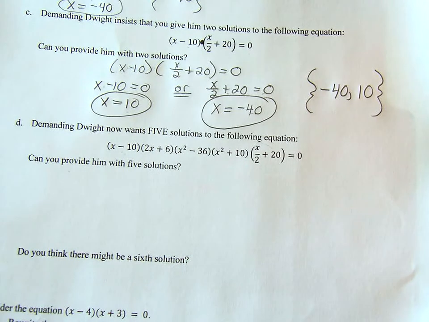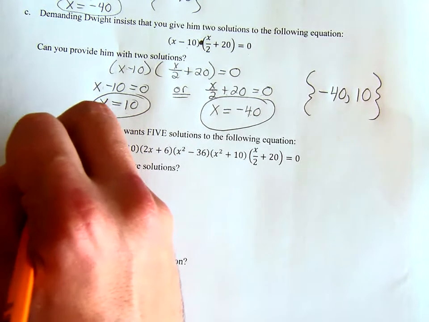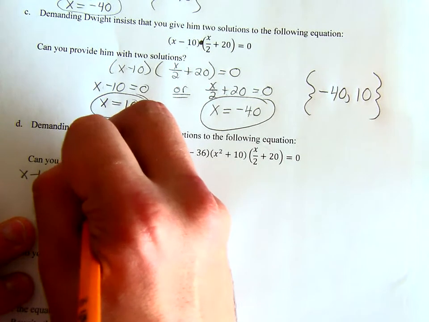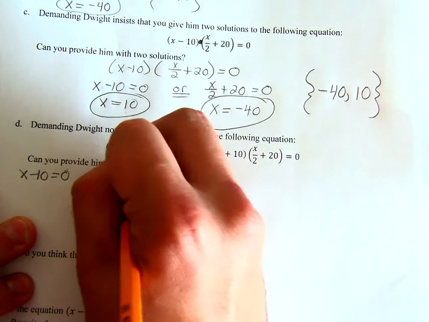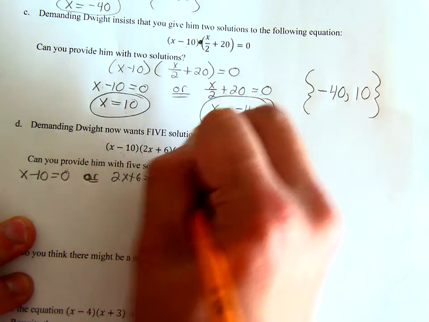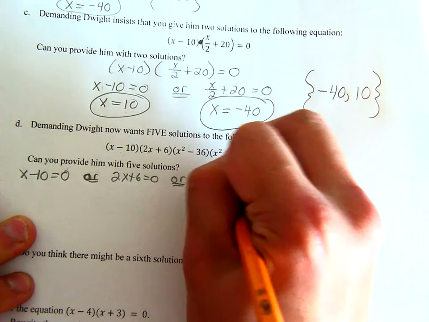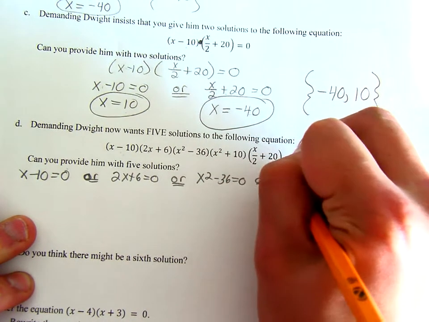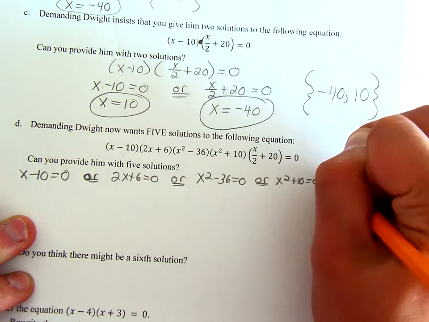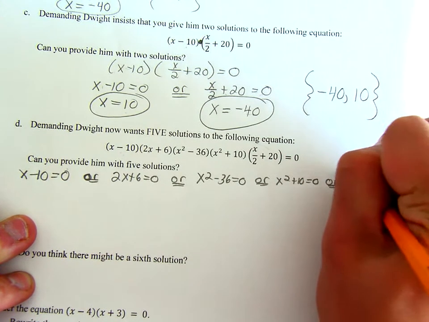Because if we want to provide them with 5 solutions, we can have x minus 10 is equal to 0, or we can have 2x plus 6 is equal to 0, or we can have that x squared minus 36 is equal to 0, or we can have x squared plus 10 is equal to 0, or we can have that x over 2 plus 20 is equal to 0.